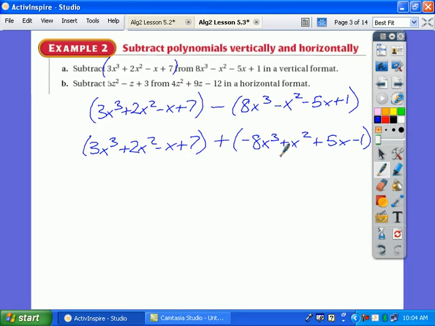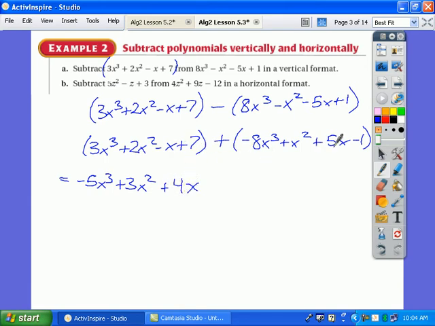Now I can view this as addition, and I can go through and add these two polynomials, and it becomes much like the previous problem. So 3x cubed minus 8x cubed is minus 5x cubed. 2x squared plus x squared is plus 3x squared. Minus x plus 5x is plus 4x.